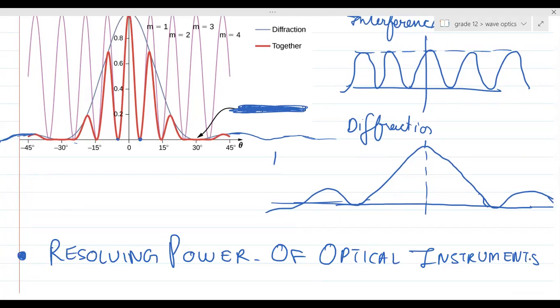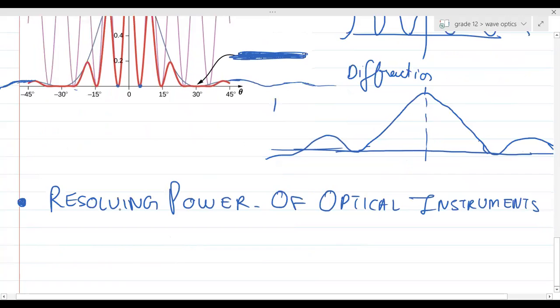I need to be able to resolve the two images of those two stars. Then I'll say it's a two-star system, not a single star system, right? Are you getting my point, guys? So if I want to resolve between two different images, then resolving power as a concept comes into play. Is it clear? Yes, sir.